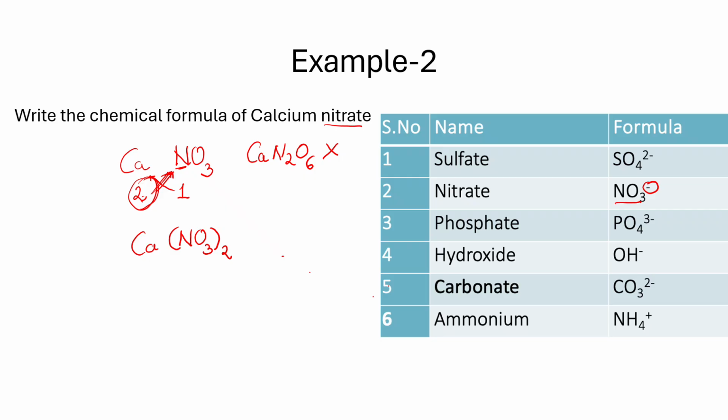Again, I'd like to repeat, if a polyatomic ion is multiplied by a factor greater than 1, then instead of multiplying the factor with all the atoms separately, what we need to do is put the polyatomic ion within a parenthesis and then put the factor that we are multiplying as a subscript. So the formula of calcium nitrate is Ca(NO3) whole twice, Ca(NO3)2. That's the way it's read out.